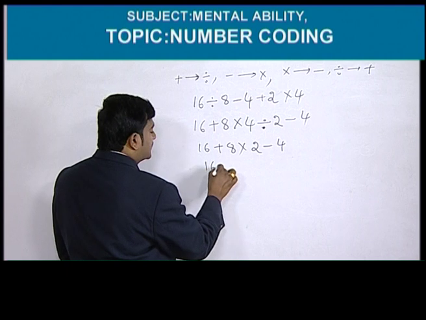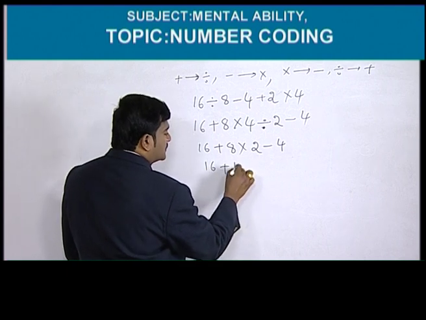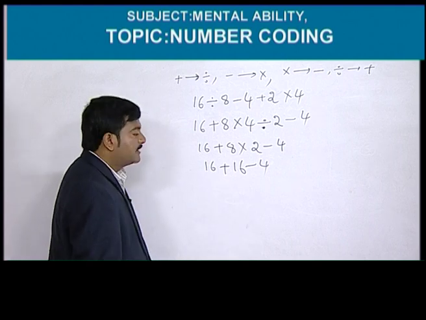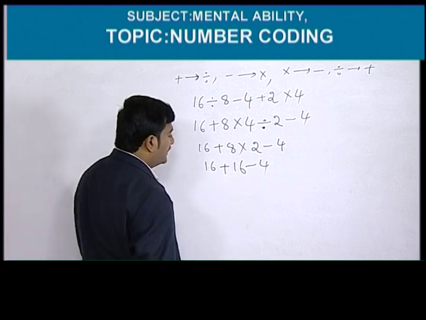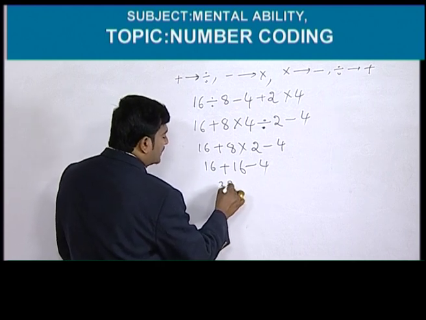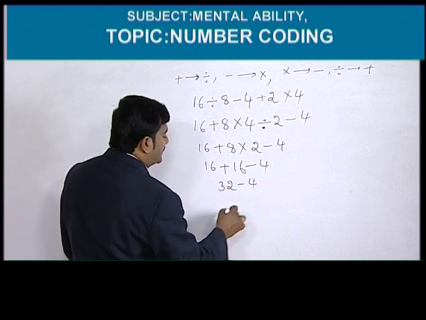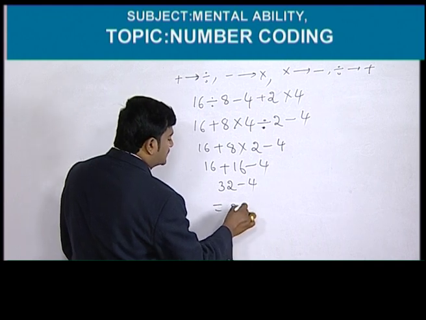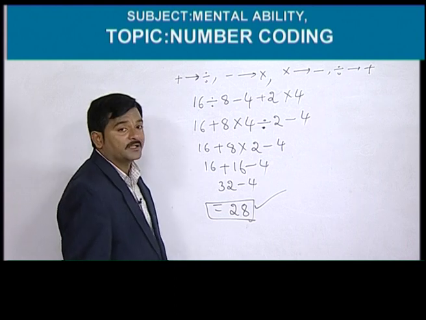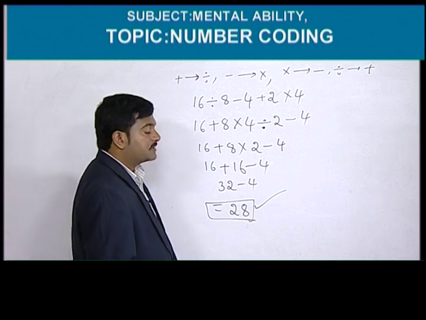What will I get? 16 plus 8 2s are 16 minus 4. Multiplication part is finished. Finally addition. 16 plus 16, how much am I getting? 32. 32 minus 4, how much am I getting? 28. Hence the answer for the given question is 28.